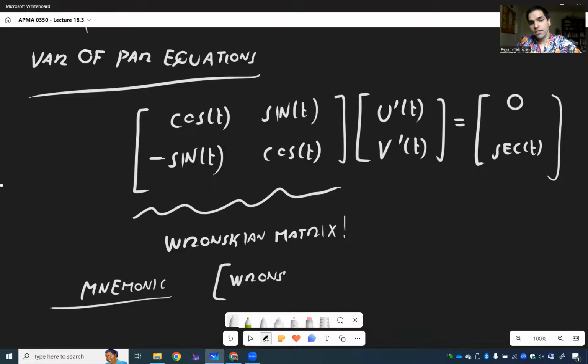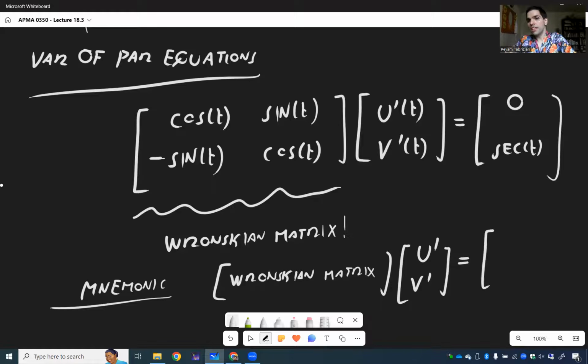Wronskian matrix times u prime v prime, because we also always want to integrate, and then 0 and the inhomogeneous term. That's an easy way to remember this.